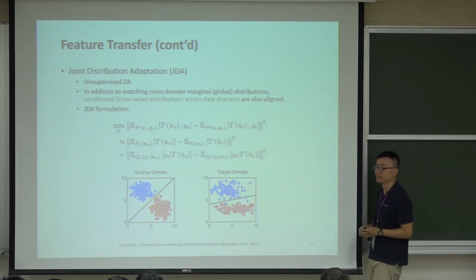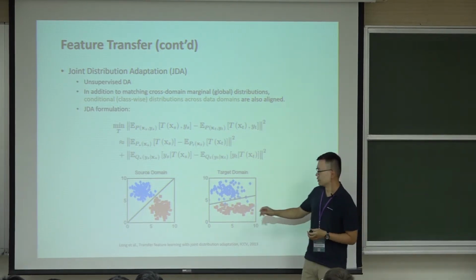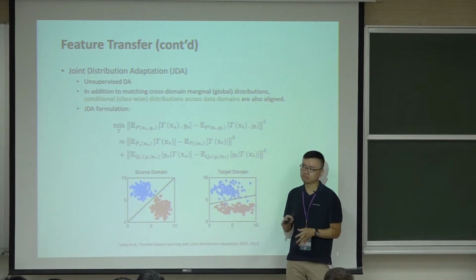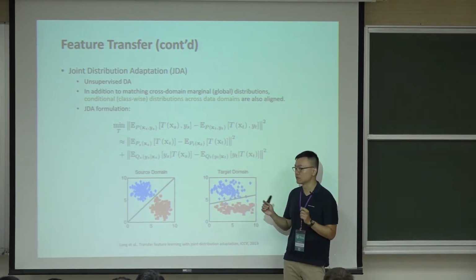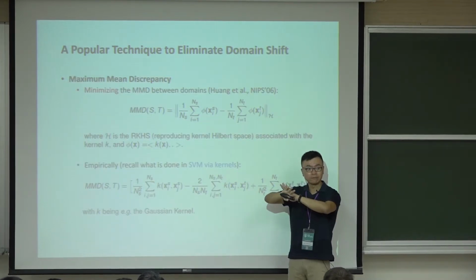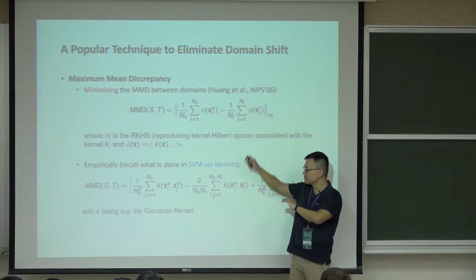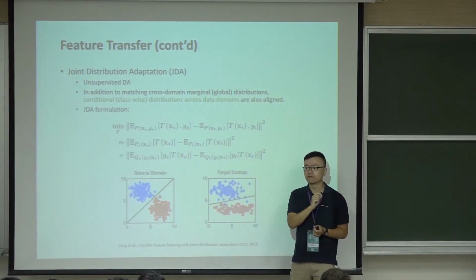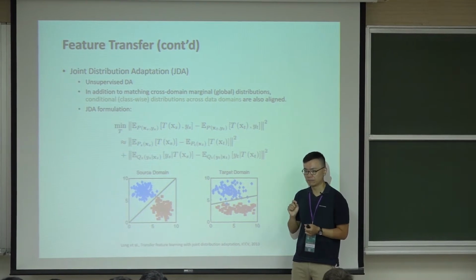So it's quite similar. Okay, so let me refresh this again. Of course, they do not have any label information for the target domain data. So at the first step, they can only make the global mean close to each other, right? After this, they can start predicting the label information for those target domain data.